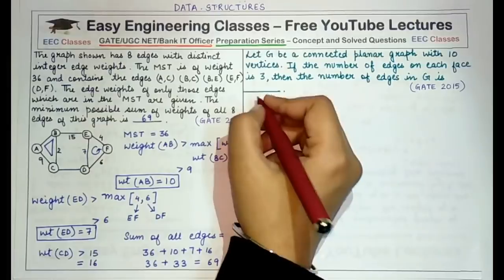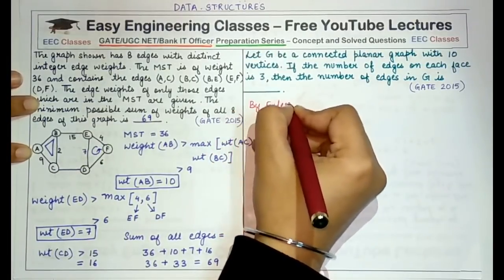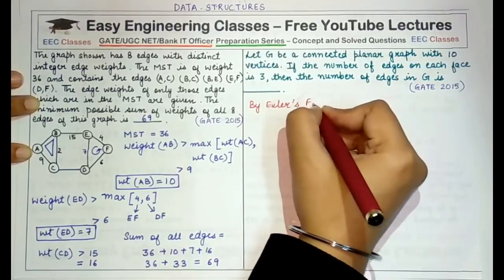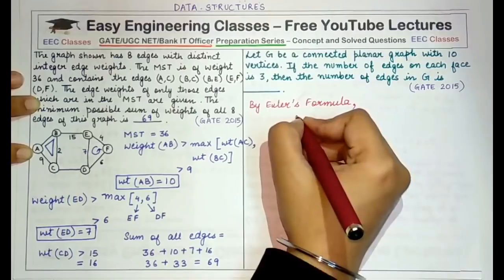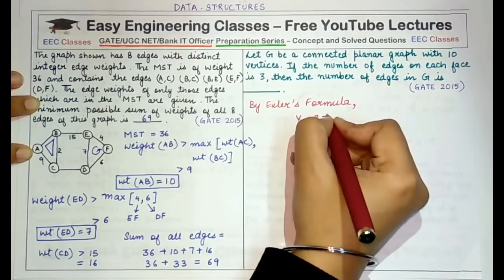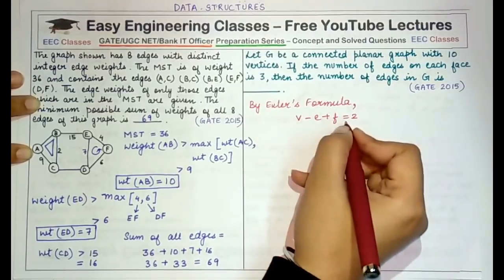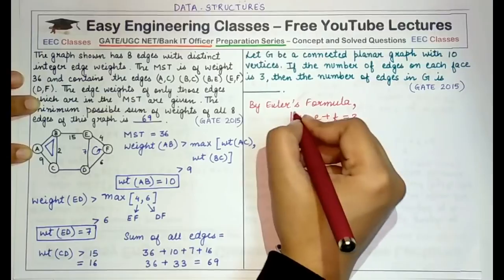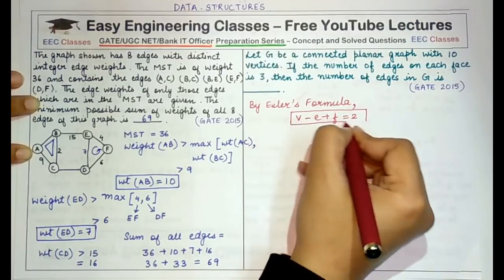See, by Euler's formula we know the equation V minus E plus F is equal to 2. And what does VEF stand for here? V stands for vertices, E stands for edges, and F stands for faces.